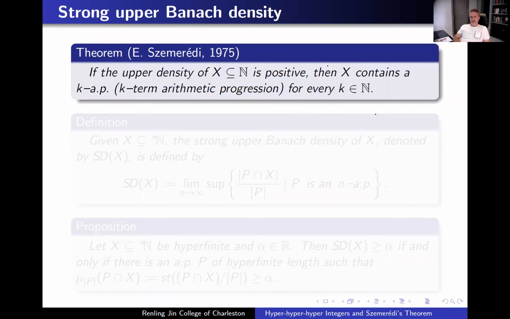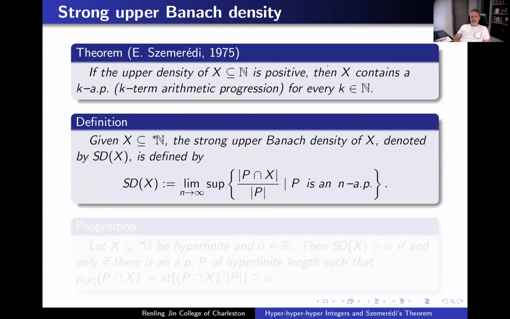Okay, so for Szemeredi's theorem, I use a notation called KAP, which means K-term arithmetic progression. In the proof, Tao's notes have a concept called limit along arithmetic progression, or a density along the arithmetic progression.